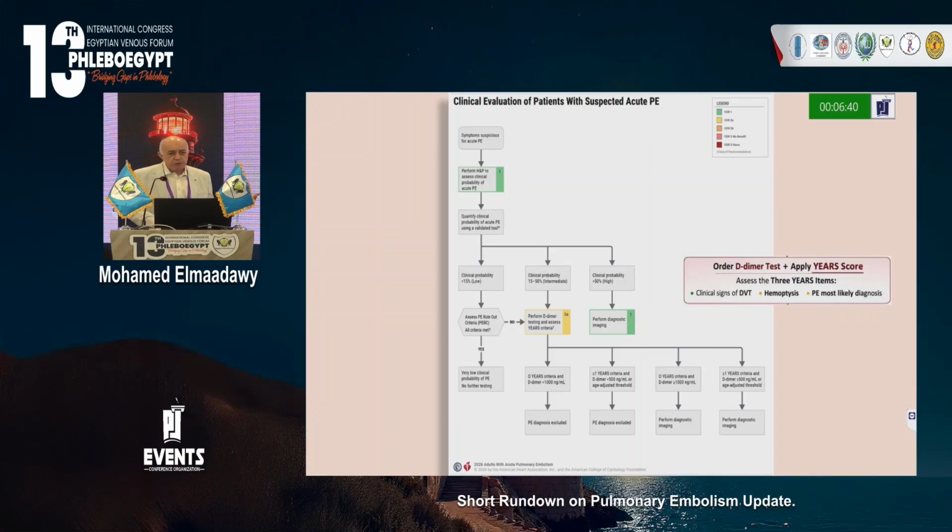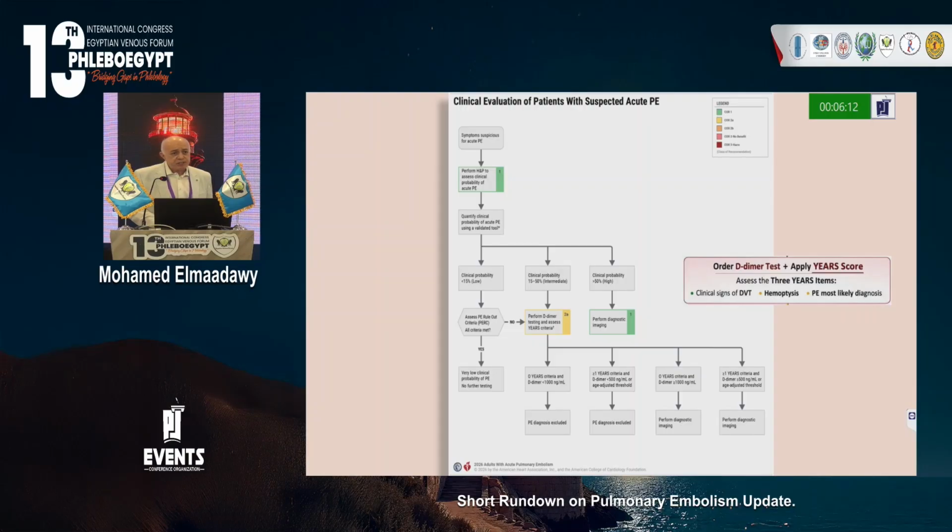And if your patient is 0 YEARS and below 1,000 of the D-dimer, you should not do for the patient further investigations, and you have to seek the diagnosis elsewhere. On the other hand, if the YEARS is 0 and the D-dimer is above 1,000, you have to go for imaging, as we will see later on.